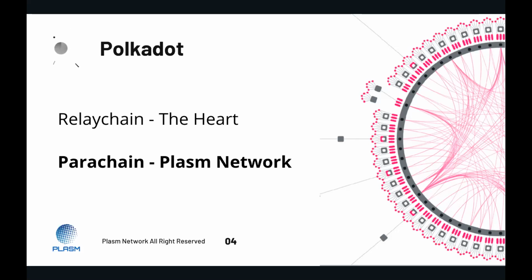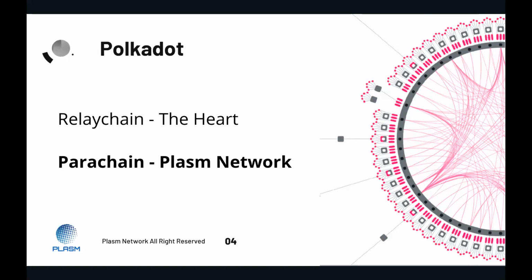And we are making a smart contract parachain because the Polkadot relay chain, the heart of Polkadot, does not support smart contract functionality by design. So no one can make an application on top of the Polkadot relay chain. In this sense, we need at least one parachain which supports smart contract functionality.